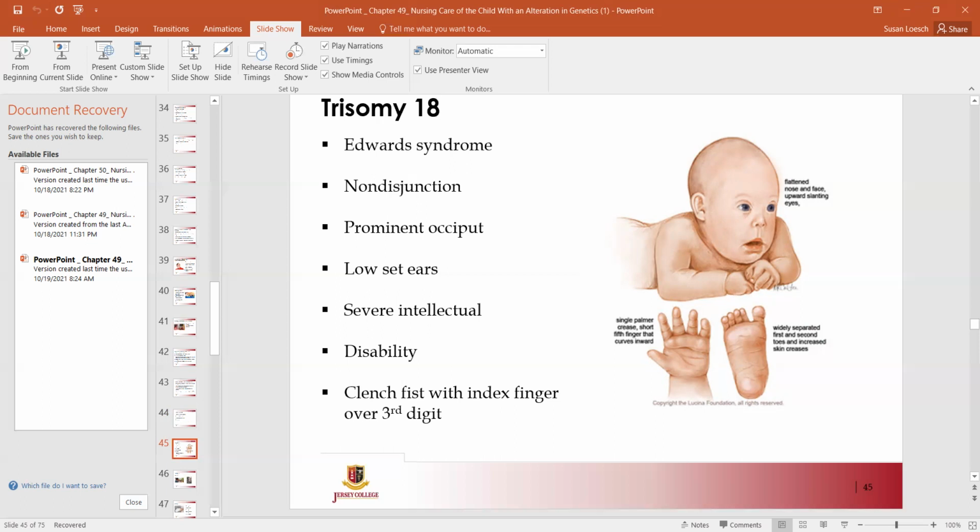With trisomy 13, we'll see a microcephalic head, wide sagittal sutures, fontanelles, malformed ears, small eyes, extra digits, severe hypotonia, severe intellectual disabilities, congenital heart defects, cleft lip, and cleft palate.